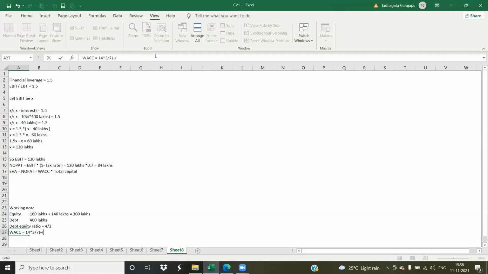That is 10% into 1 minus tax rate, 10% into 1 minus 0.3, right? That comes to around 7%. 7% into what is its weight? 4/7, right? So 14 into 3/7 plus 7 into 4/7.